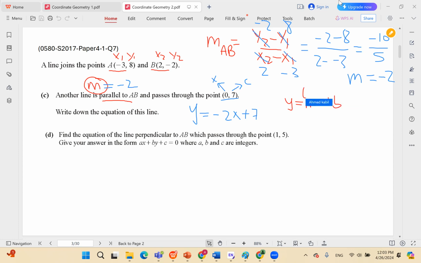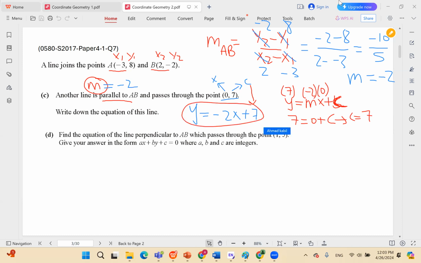So the m is -2, the x is 0, the y is 7. So 7 equals 0 plus c, so c is 7. So the final answer here will be y equals -2x plus 7.